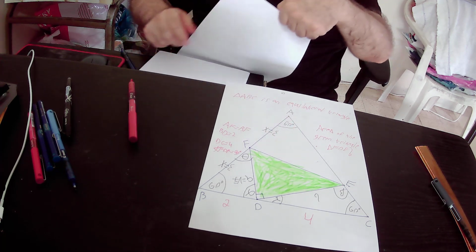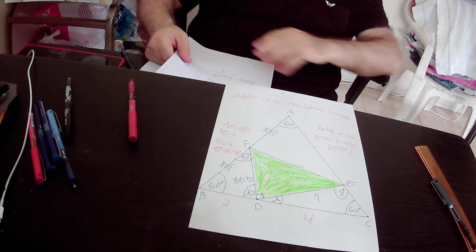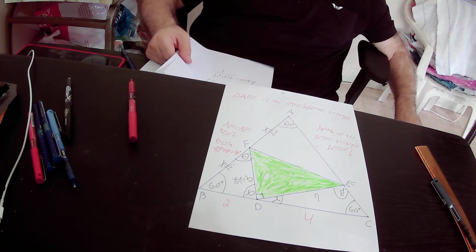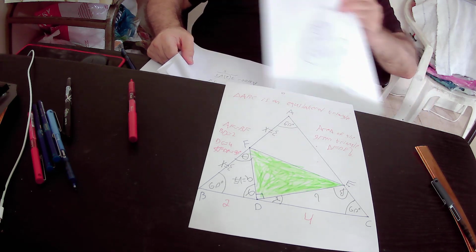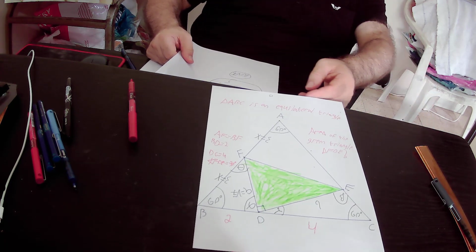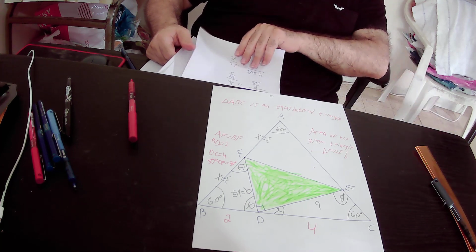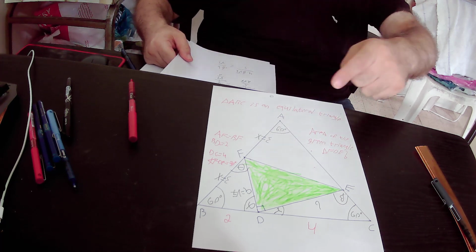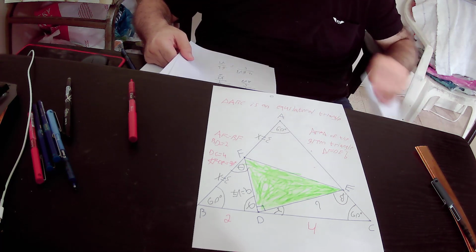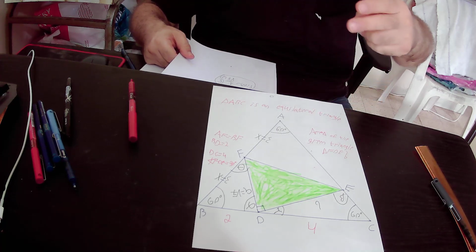Okay, now I will summarize the lecture. Actually, we wanted to find out the area of the green triangle. We have triangle ABC that is an equilateral triangle. That means all the angles of the triangle equal 60 degrees, and also the sides of an equilateral triangle are equal to each other.